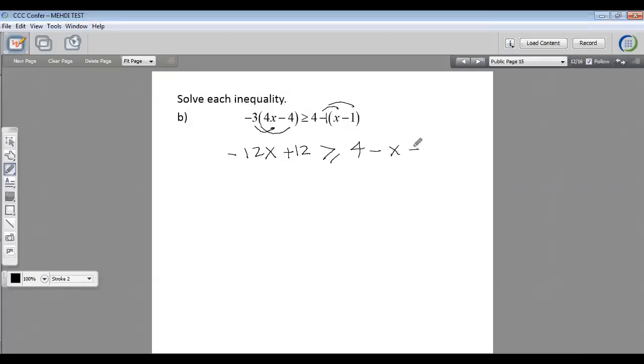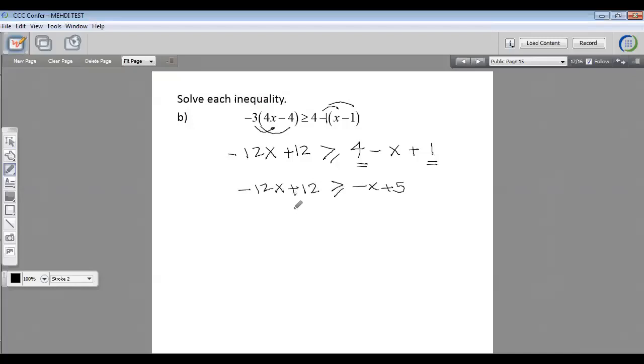Then you can distribute, it becomes plus 1. Okay, I have 4 plus 1, that gives me 5. So minus x plus 5 on the right-hand side. Left-hand side, we get minus 12x plus 12.